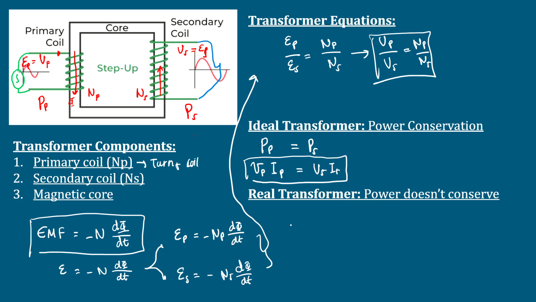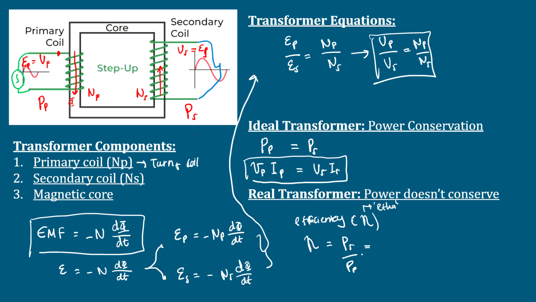Because the power is not conserved, we will have a value of efficiency, symbolized by eta. Eta will be equal to Ps divided by Pp.